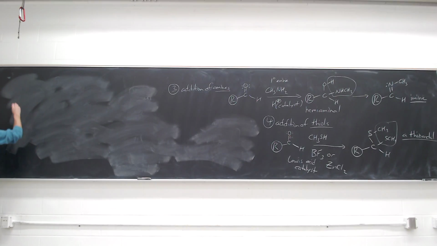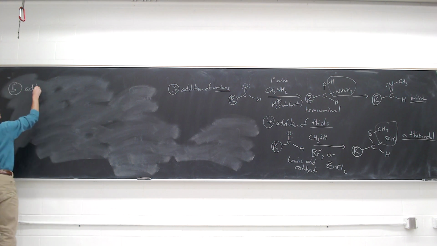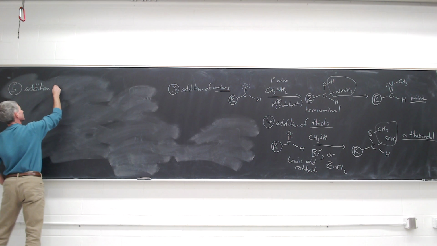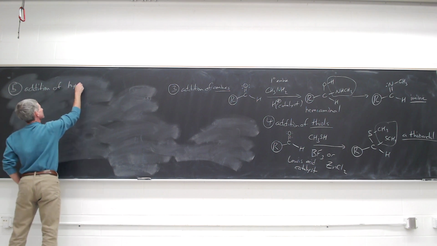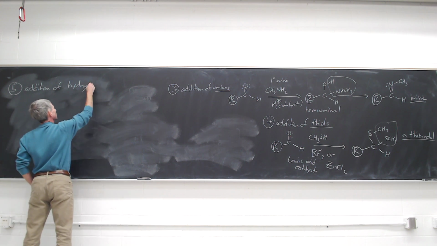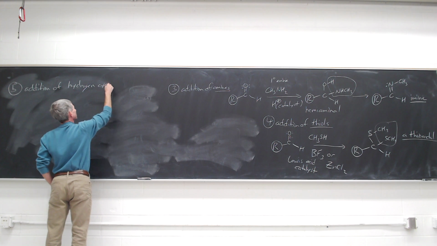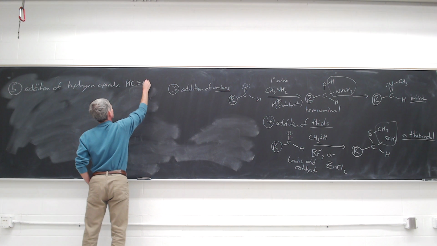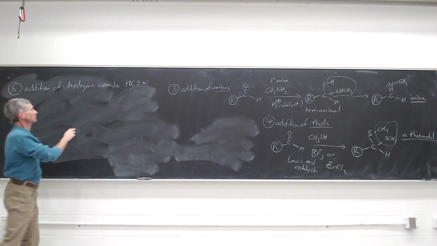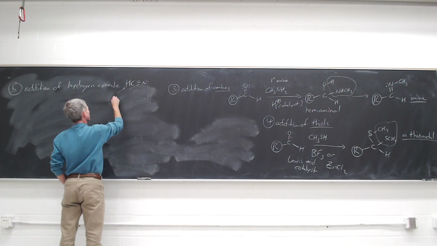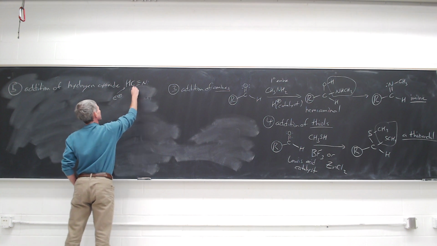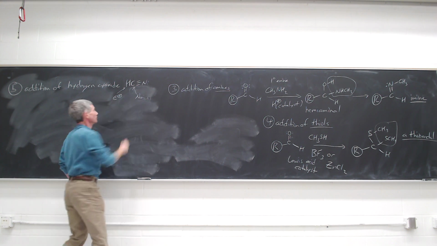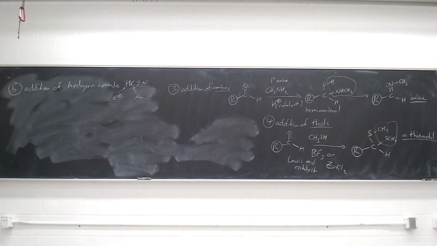Another molecule that's important that can be added across the pi bond is hydrogen cyanide, HCN. Once again, we have the electrophilic hydrogen and the nucleophilic carbon, so we're going to add the hydrogen to the carbonyl oxygen.